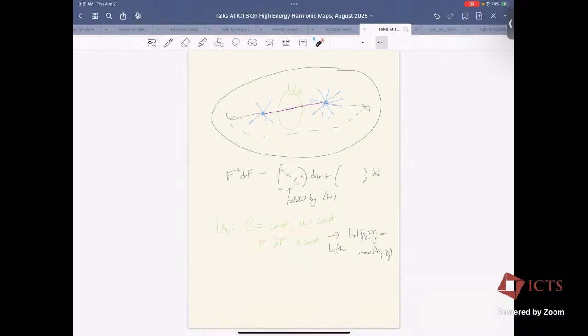I started off this series of lectures by talking about the most trivial harmonic map in H2 being a projection, and this is the SL3 analog of a projection. So you can work everything out.